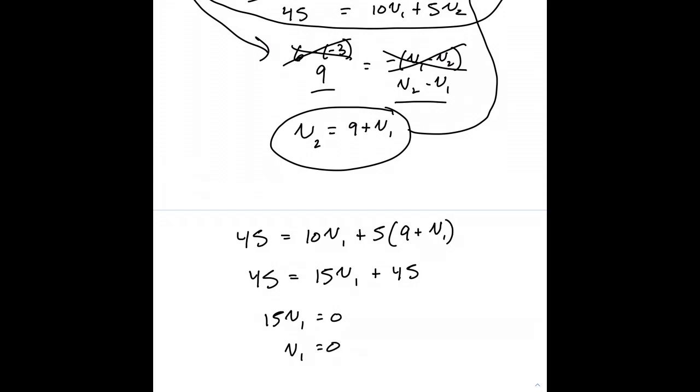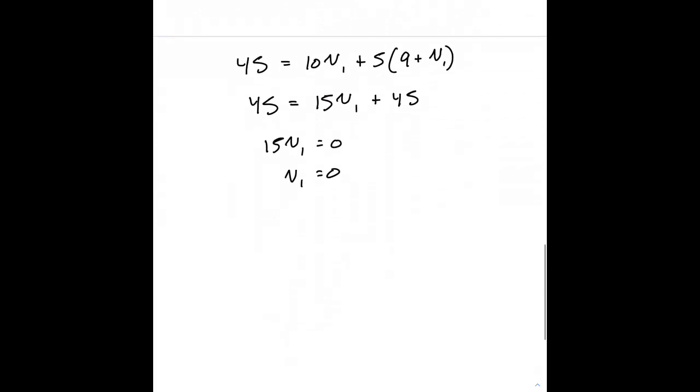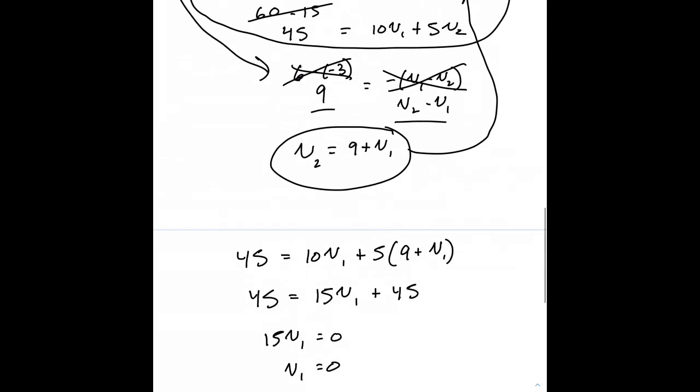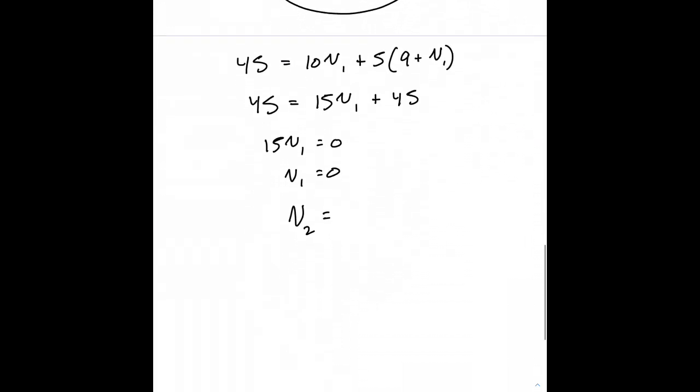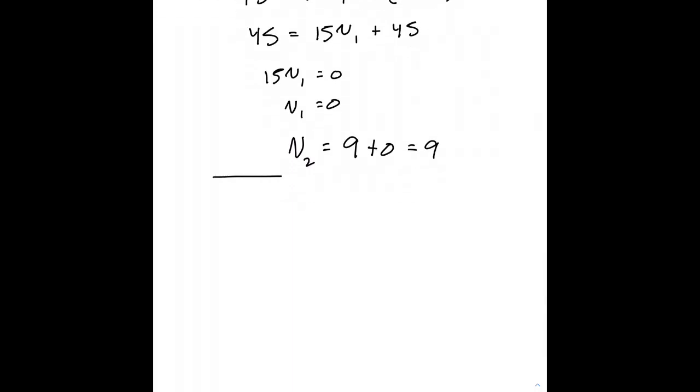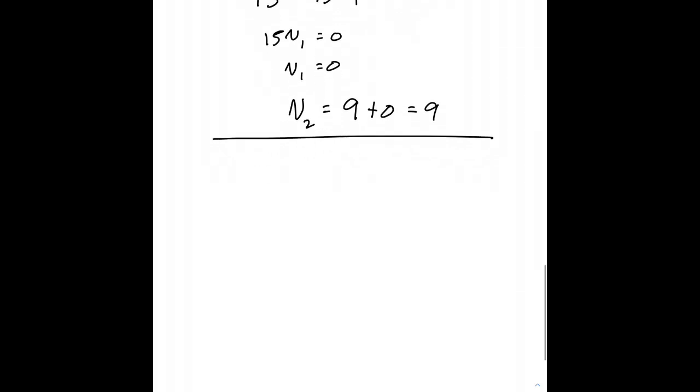So the only way in which this collision can satisfy both the conservation of momentum and the conservation of kinetic energy is if one of the blocks comes to rest and the other one continues moving. And by the way, we saw earlier that v2 is 9 plus v1, so 9 plus 0, of course, gives us 9. So let's just check the results and make sure this all works out.